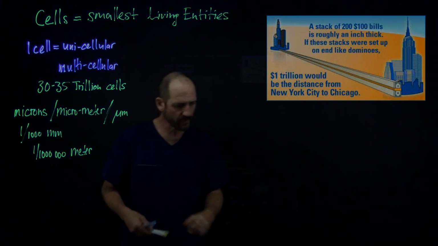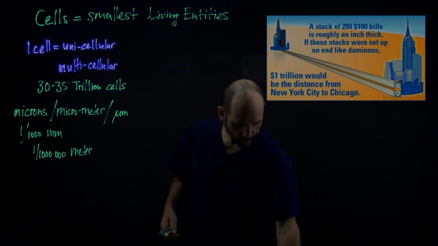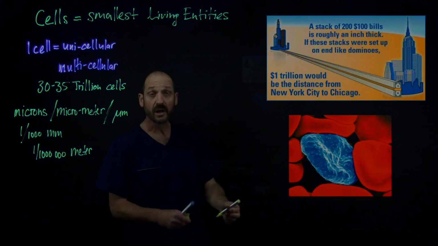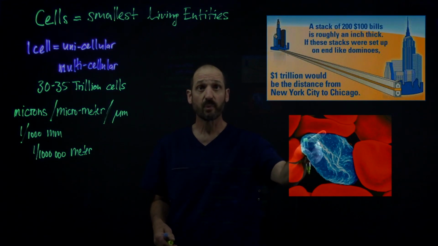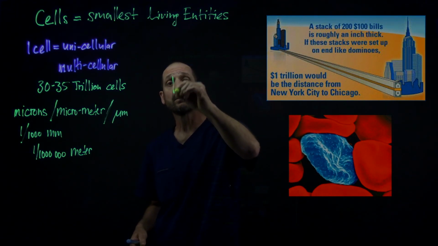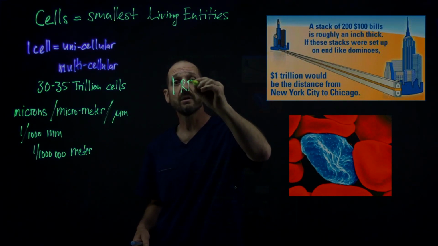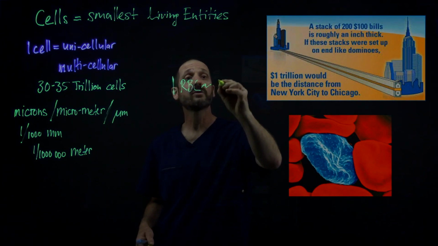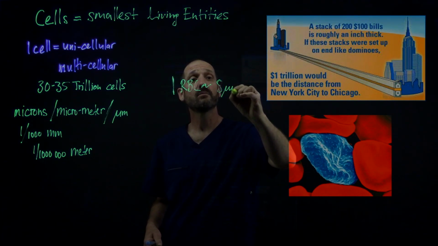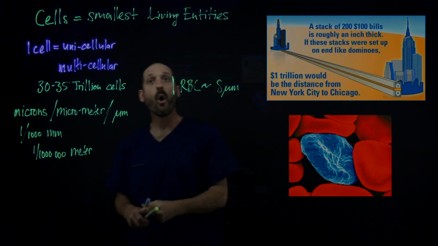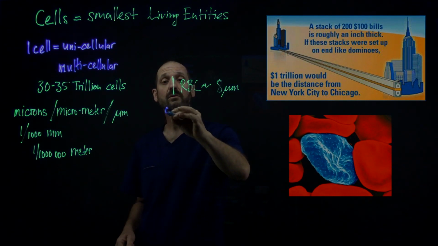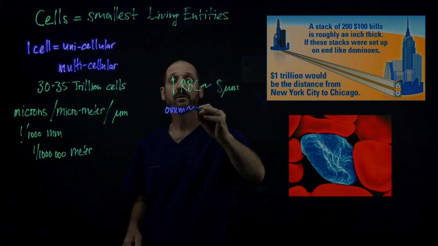The smallest one we can see with the eye is the ovum. The one that we reference a lot is the red blood cells. These are red blood cells. So one red blood cell is around 8 microns. An ovum is around 120.